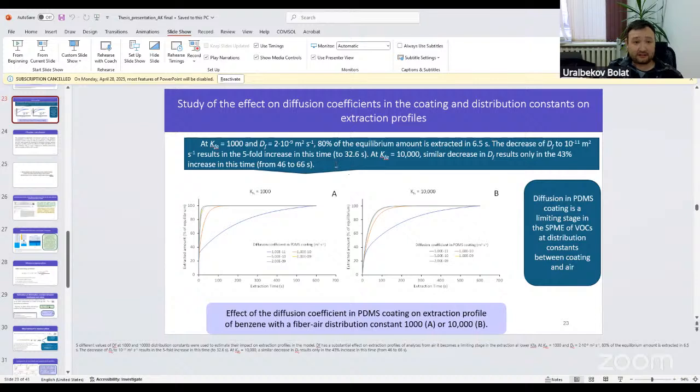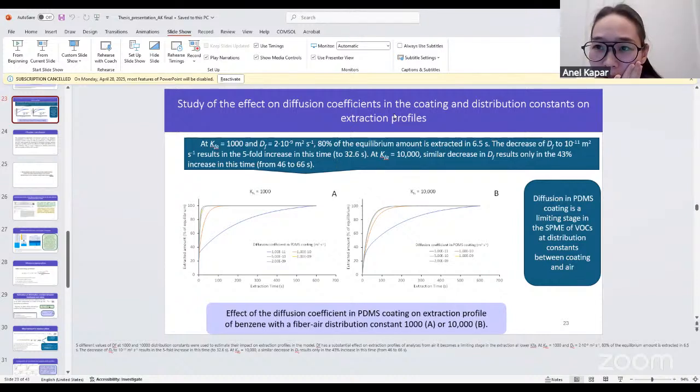Вы в положении говорите, что у вас увеличивается вот это равновесное время, ну или не равновесное, а время, которое приводит к равновесию, увеличивается на 43% при изменении константы распределения от 1000 до 10 тысяч. Ваше положение я так читаю. И оно так вроде на английском написано.